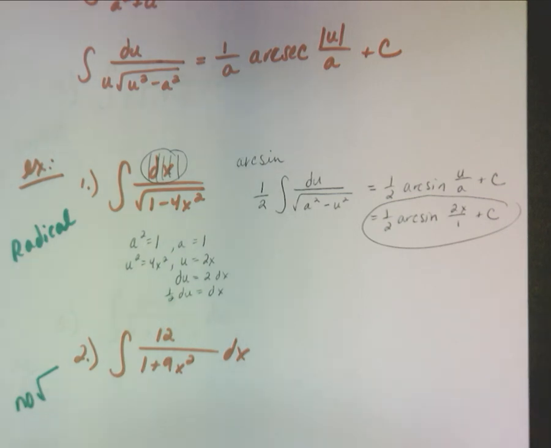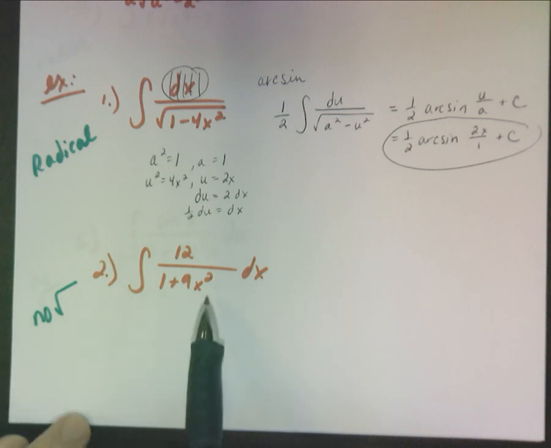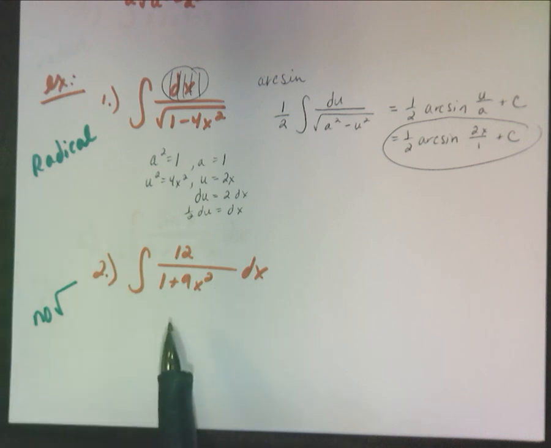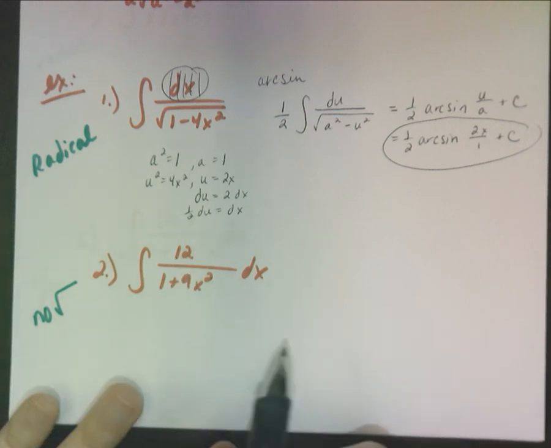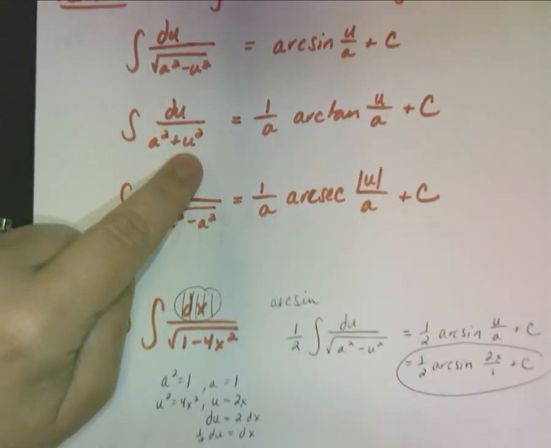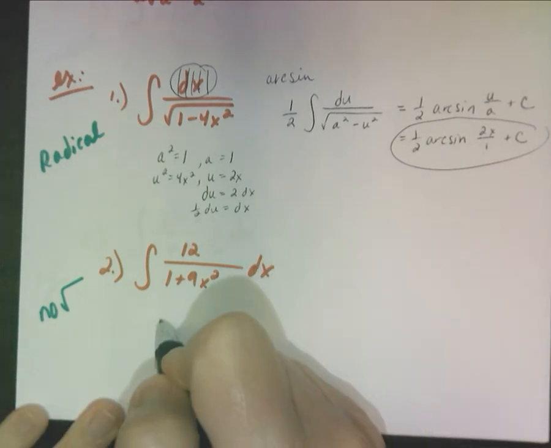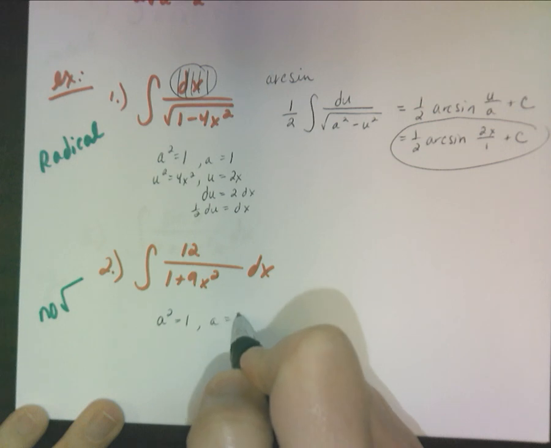Okay. Let's do this second one here. So this is obviously no square root right here. So I know it's going to be the arctan function. Okay. And again, looking at my formula, I need an a squared and a u squared. So my a squared would be the 1, meaning a would be 1.